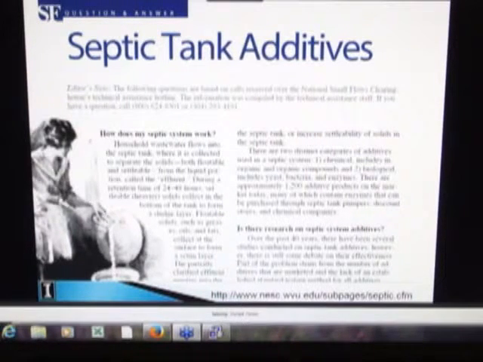So, in my opinion, the best medicine for a septic tank is just to get it cleaned out. If the guy pumps it out, the solids are removed. That's what actually causes the system to fail.